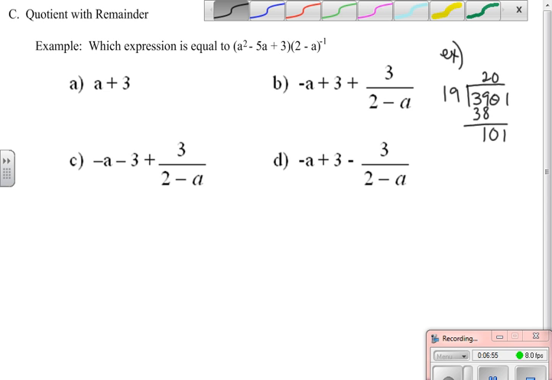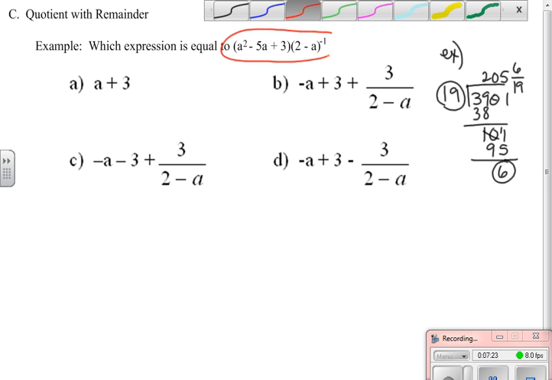Bring down the 1. 19 goes into 101 5 times. 19 times 5 is 95. Get a 6. Now what did we do with that 6? We made a fraction. 6/19. You take the remainder over the divisor and you make a fraction. That's going to be the same thing when we're dividing polynomials.